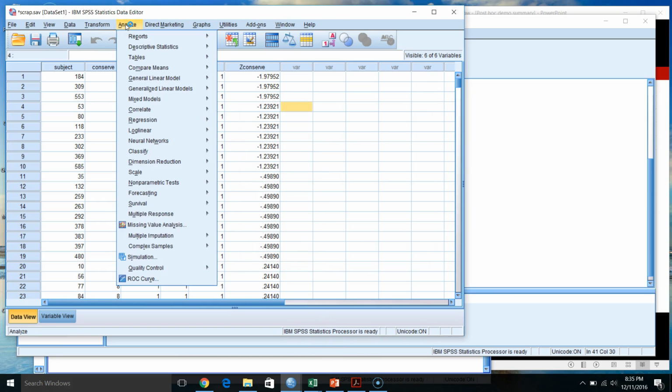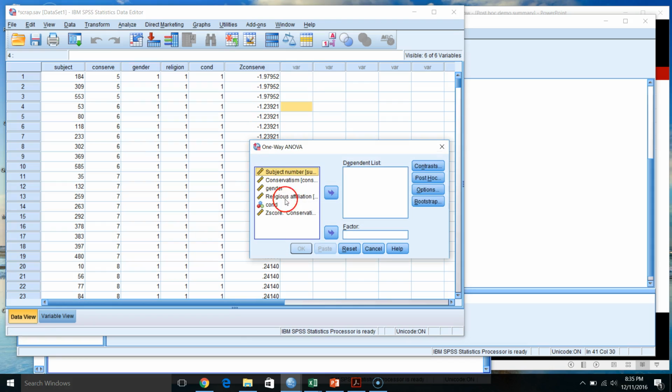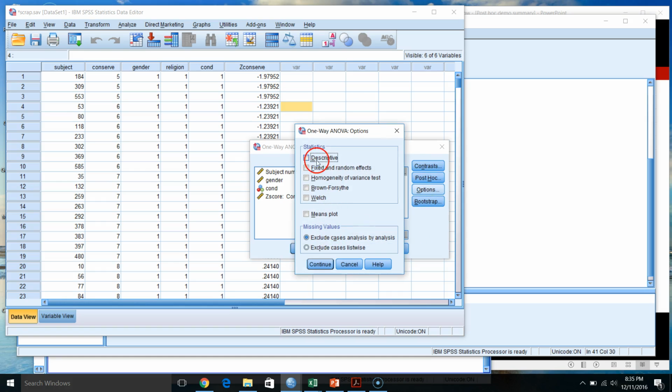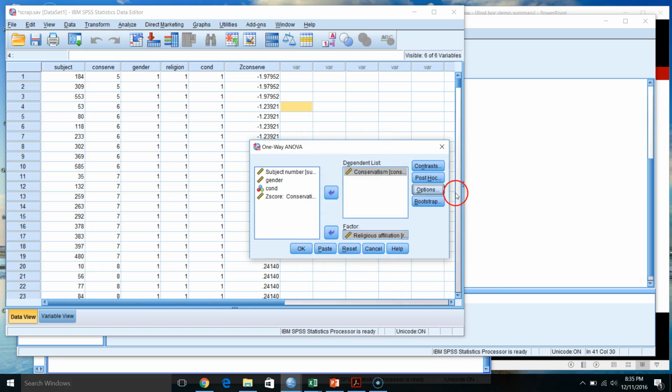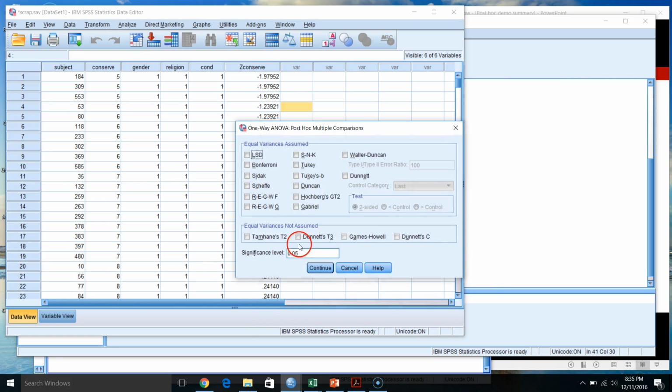And then I'm going to go analyze, compare means, one-way ANOVA. I'm going to look at conservatism by religious affiliation. Okay, I'm going to go up to my options, ask for descriptives, homogeneity variance test, and my Welch's. Continue that. Now, I could ask for post hocs, right?